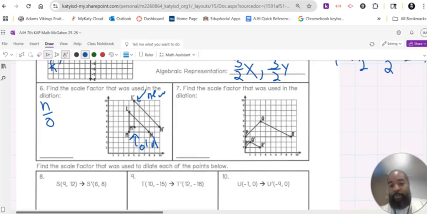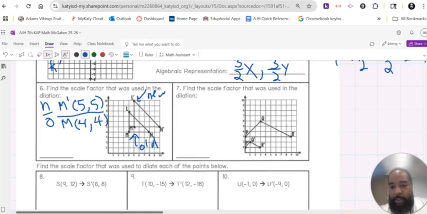You can pick any point, but in this case, I'm going to pick M. So my new M prime is 5, 5. And I'm going to put that over my old M, which is 4, 4.